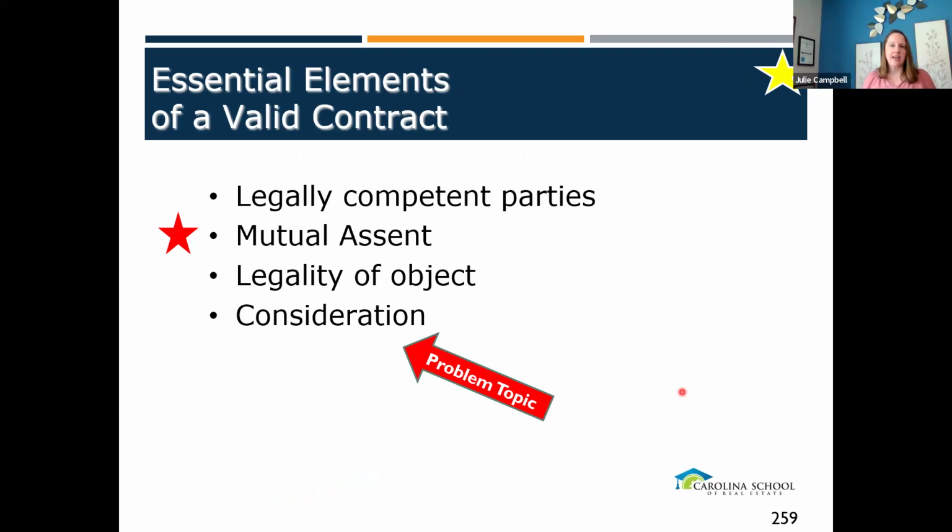In North Carolina, that age is 18. If a minor enters into a contract, the minor can't be forced to carry through with the terms of the contract.